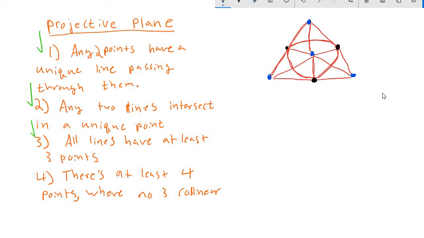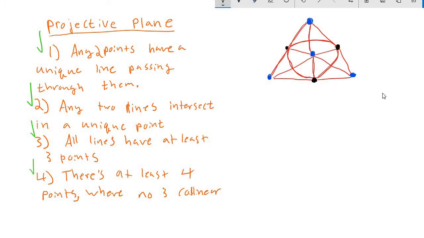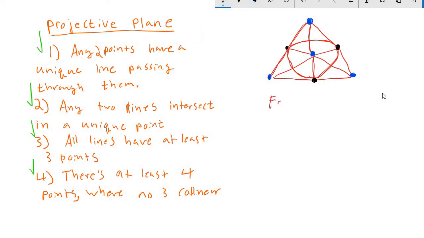These are certainly 4 distinct points in my geometry. And if I take any 3 of them, notice that there's no line which contains all 3 points. Say if I took this top one here, the middle one, and the bottom right, there's no line on which all 3 of those lie. So this satisfies the 4th axiom, and this object is known as Fano's plane.